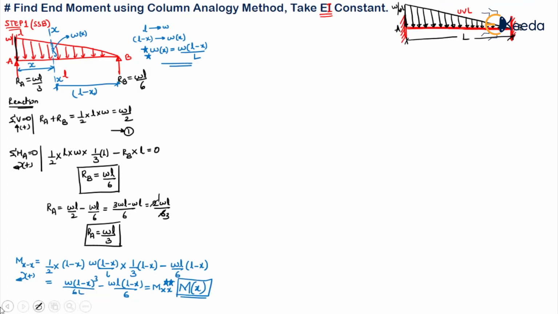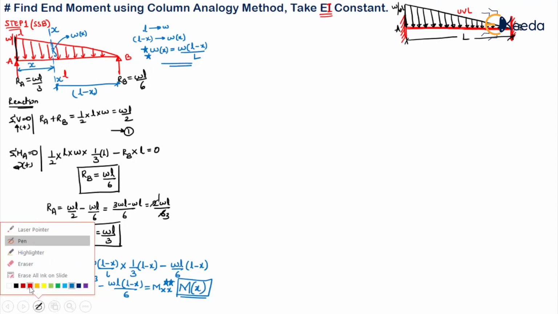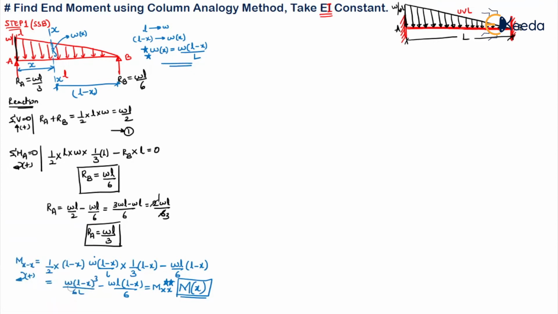So how will your bending moment diagram look? Let me do it with blue pen only. Your bending moment diagram is a cubic parabola because there is a uniformly varying load. This is a cubic parabola. So this is your BMD.